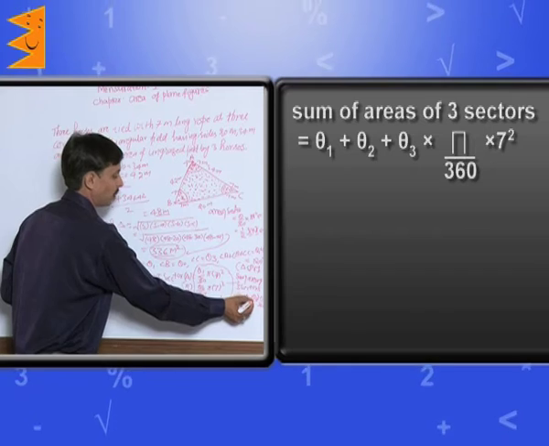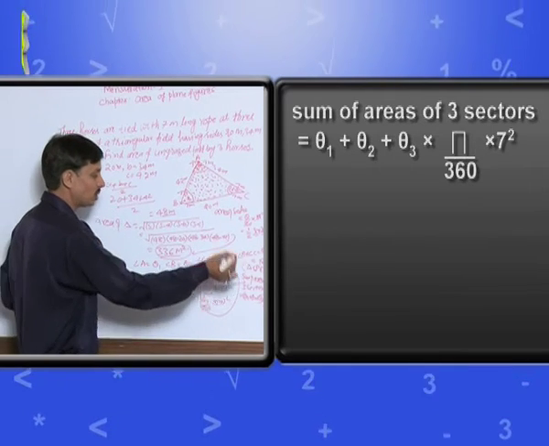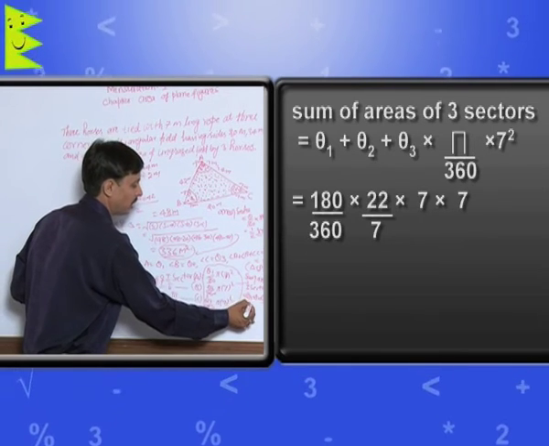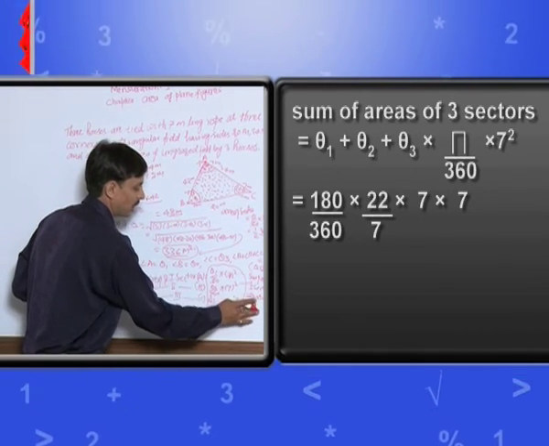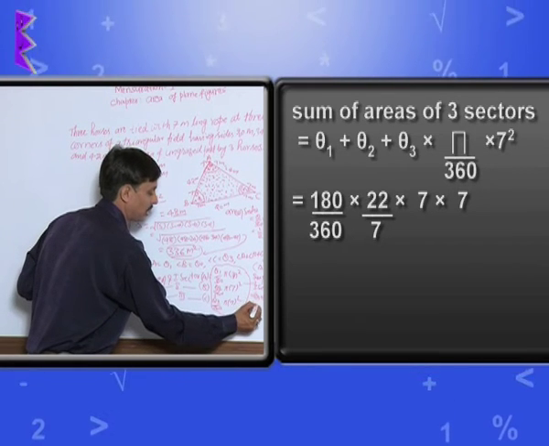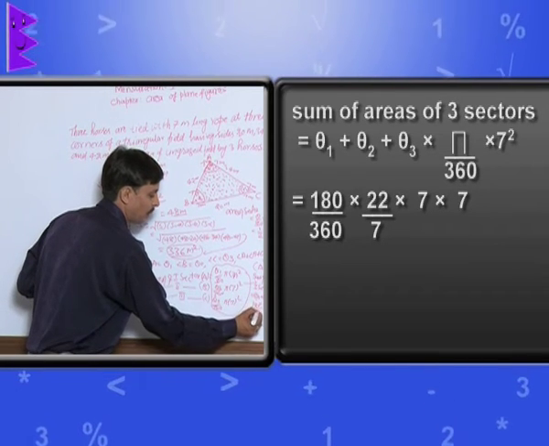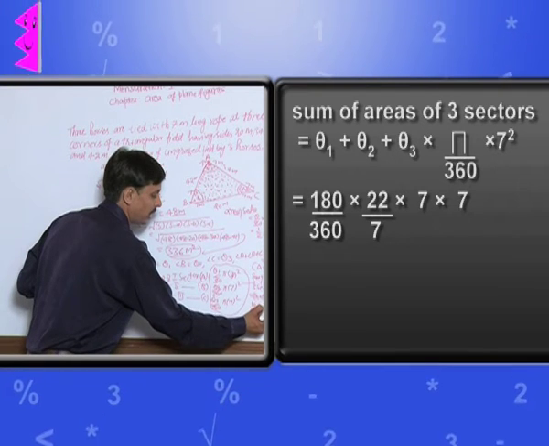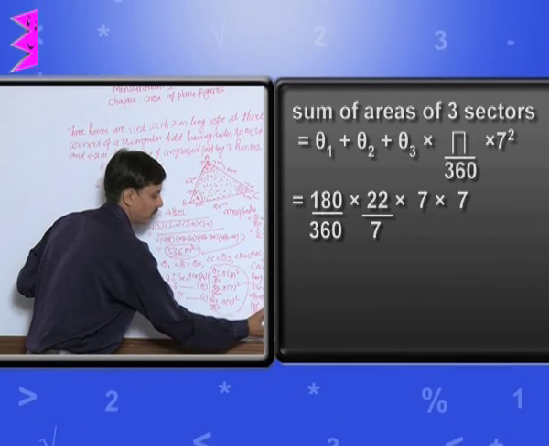The sum of these three values, the sum of all three angles of a triangle, is 180 degrees. So it is 180 degrees upon 360 degrees into pi into 7 square.